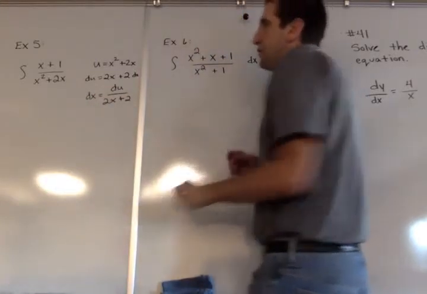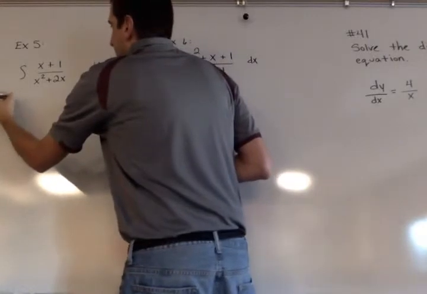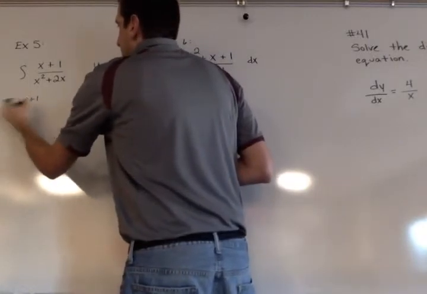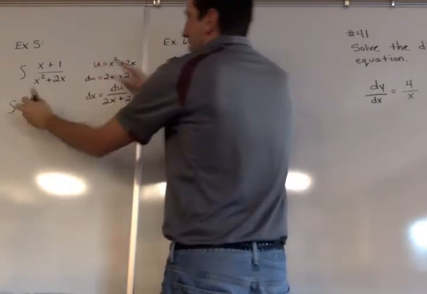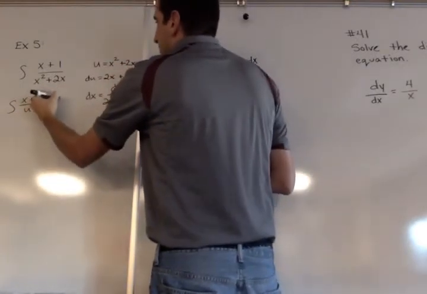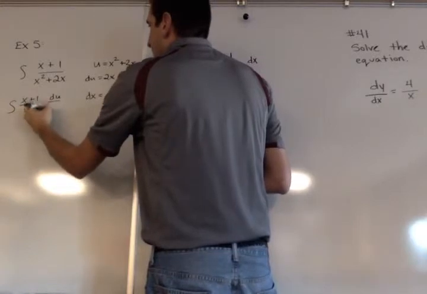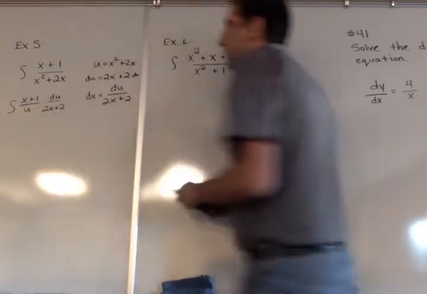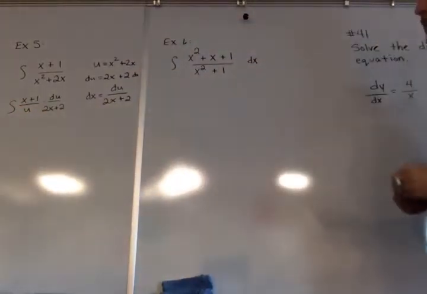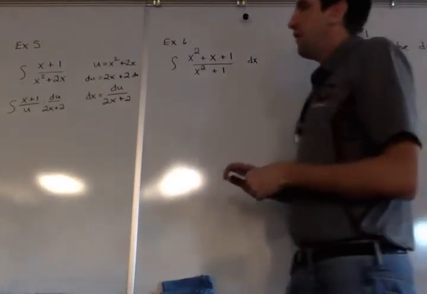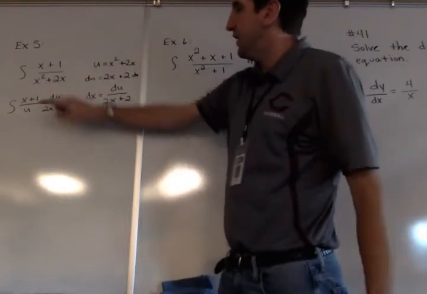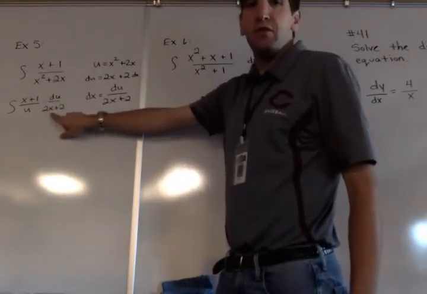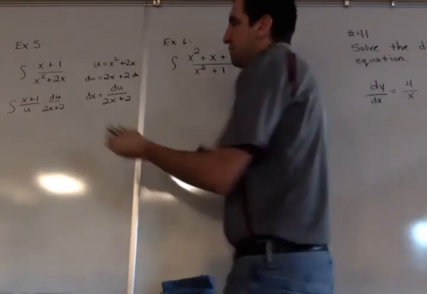Let's do our substitution. This would give us the integral of x plus 1 over u, again replacing x squared plus 2x with u, times du over 2x plus 2. Notice we don't have the cancellation right now. However, we could make this look like x plus 1 so we get some cancellation. We can factor out a 2 right here of the 2x plus 2.